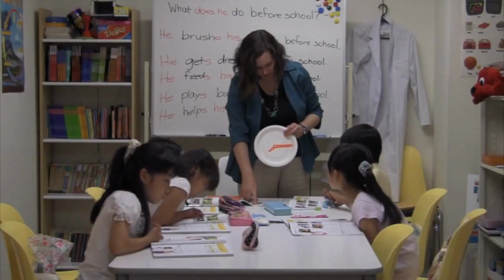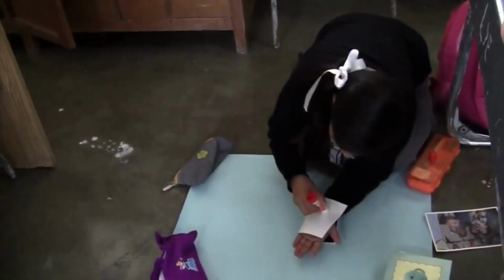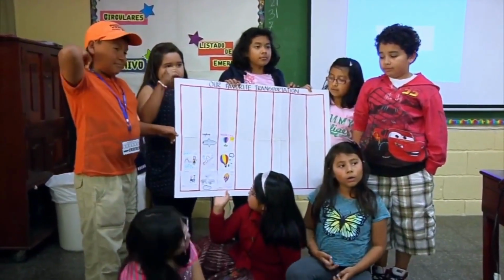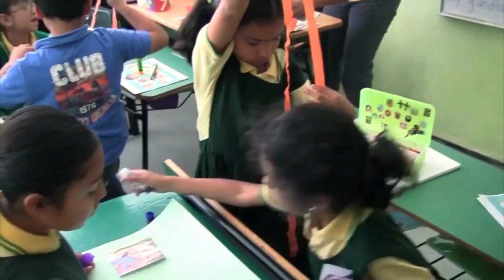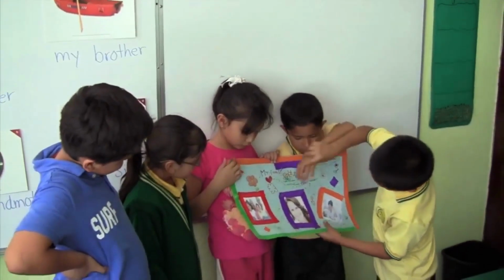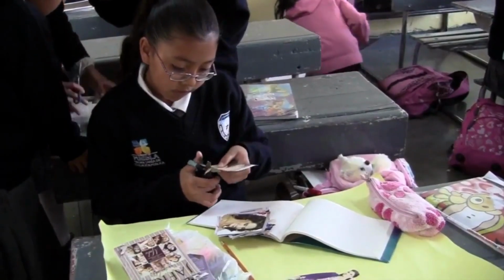If possible, bring in real objects and incorporate projects that allow students to produce their own creations that further the learning process. Doing artwork, crafts, posters, and projects are great ways for learners to be active and make things with their own two hands.